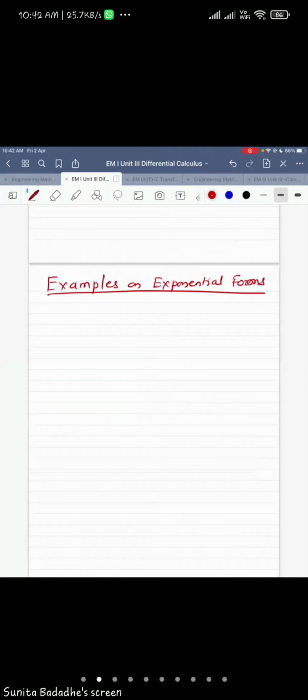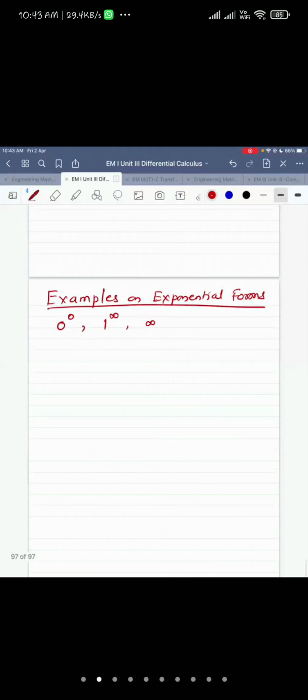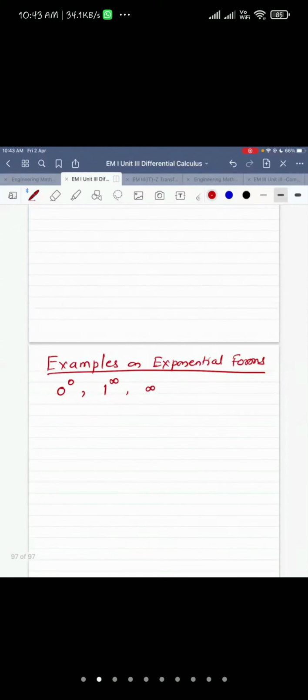What are the various exponential forms? The various exponential forms are 0 raised to 0, 1 raised to infinity, and infinity raised to 0. These are the three exponential forms which we have to now discuss. Right. So let's start the examples.